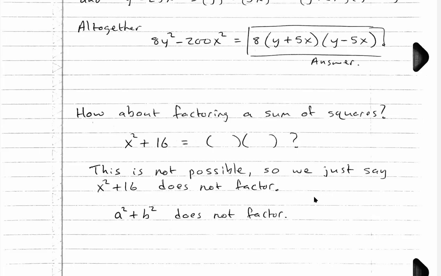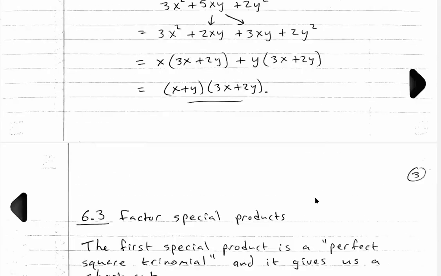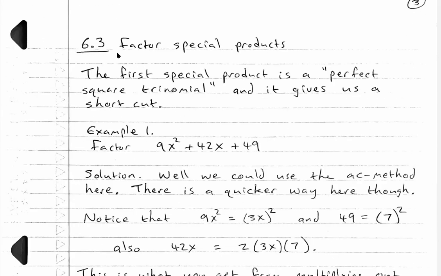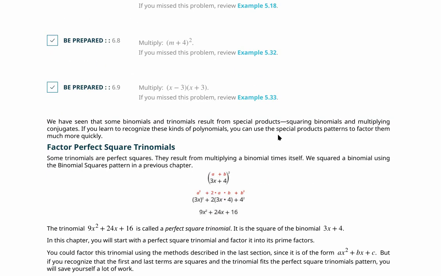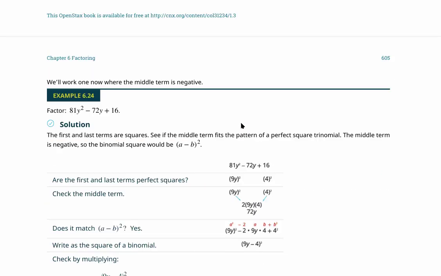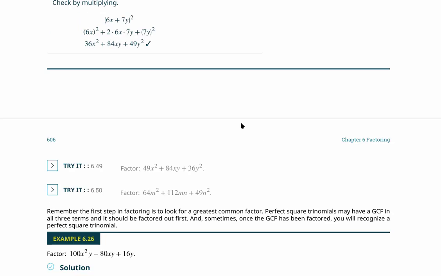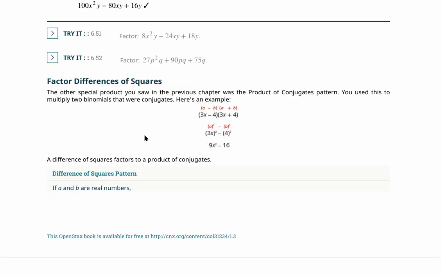Okay, so that's section 6.3. You can also look in the book, factoring special products. More on these trinomials and differences of squares.